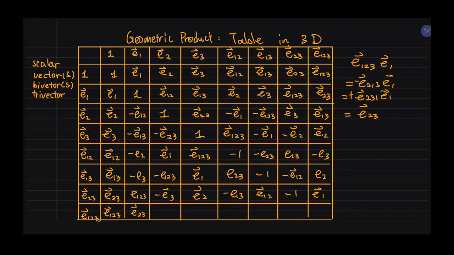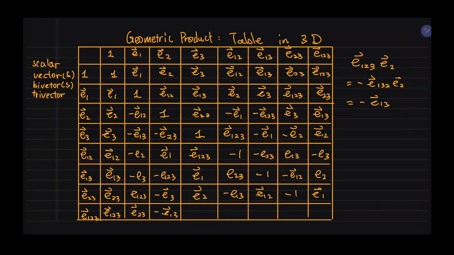And now we have E1 E123 E2. Basically we just swapped it once, E32 E2, minus E13, so it is minus E13.